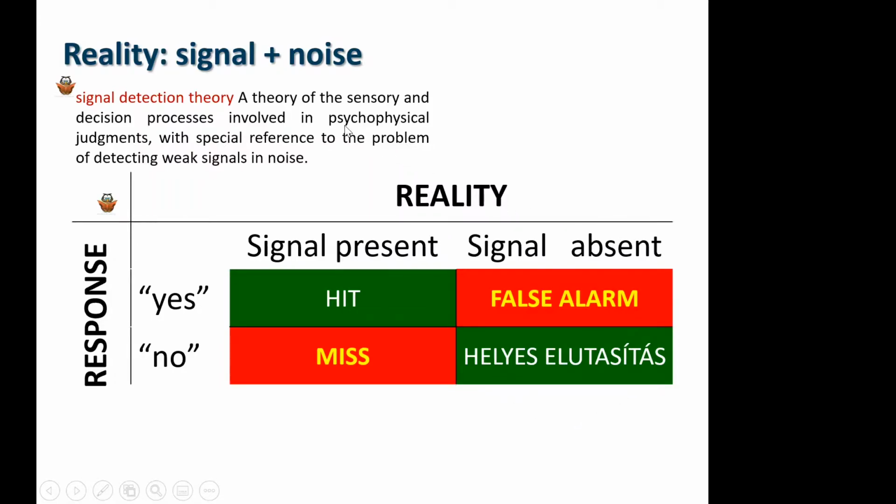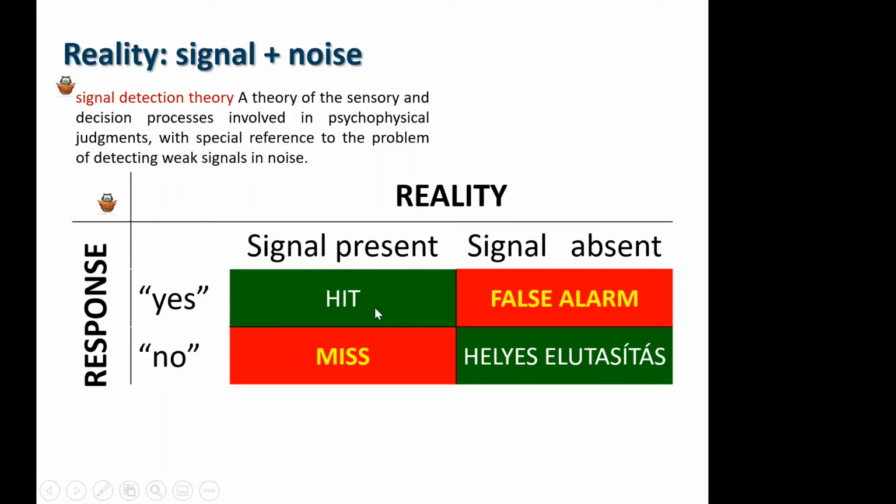And this is all collected in the so-called signal detection theory, where we have a theory that the sensory and decision processes involved in these psychophysical judgments have a specific reference to whether there are signal and noise.